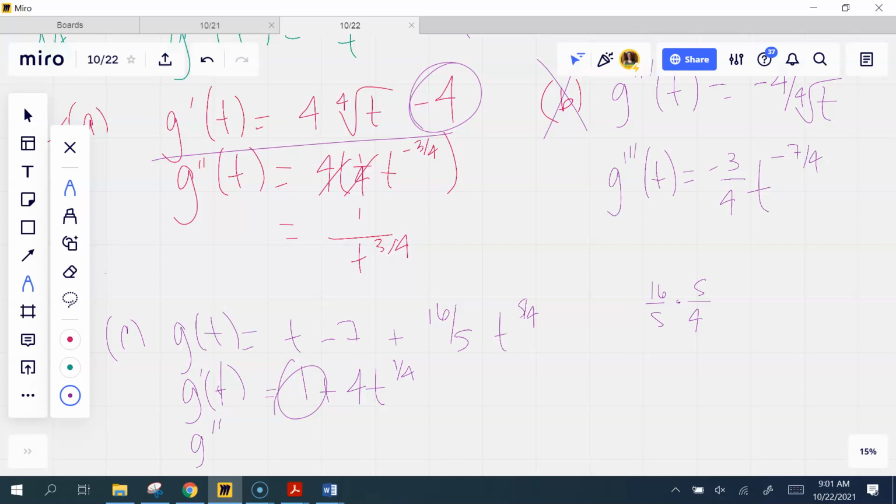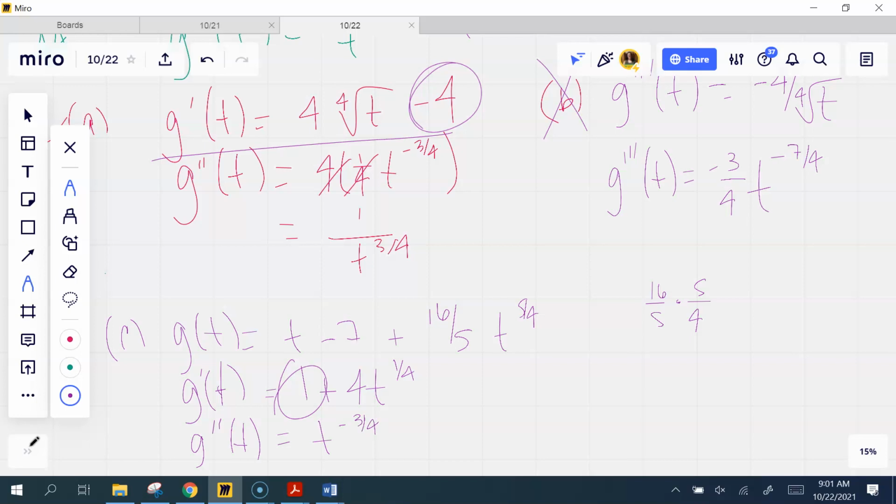The second derivative here, so 0 plus t, well, it's just the negative. Does that work? I don't know.